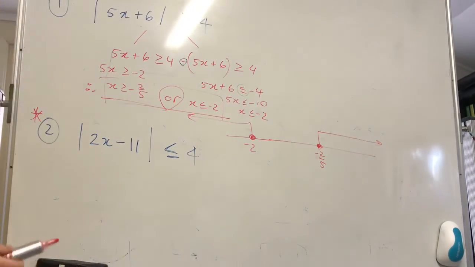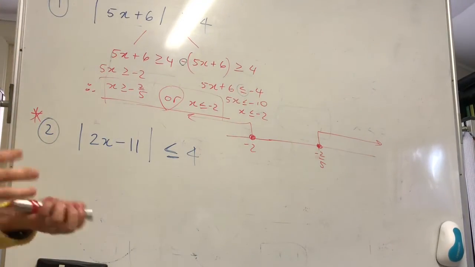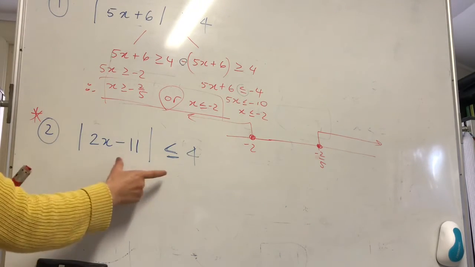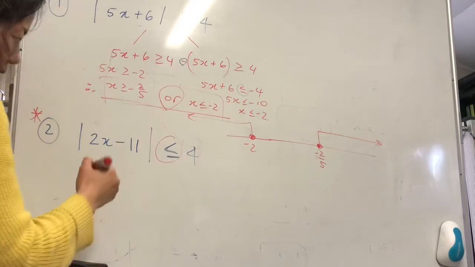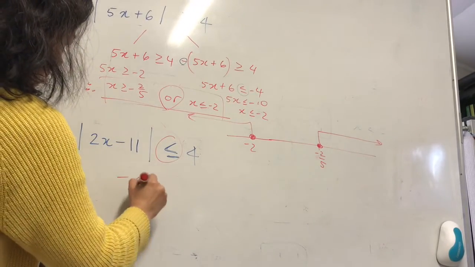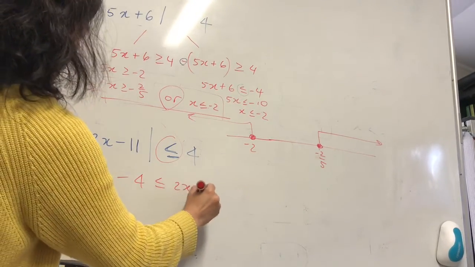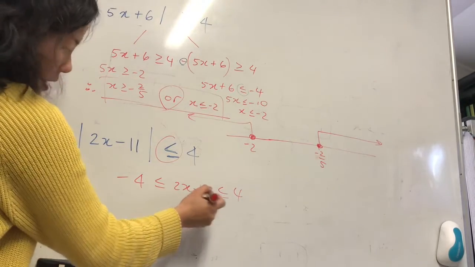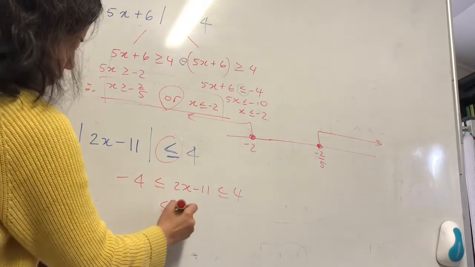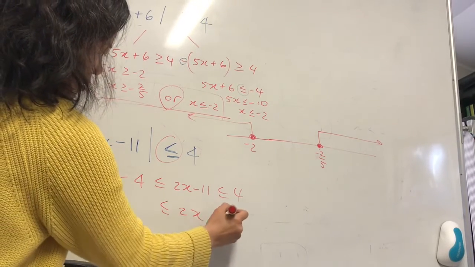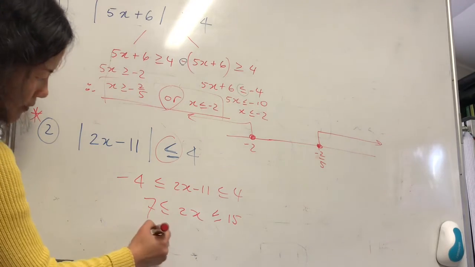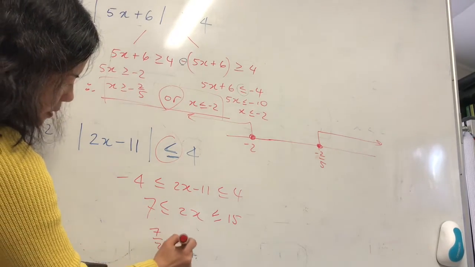And a question sometimes will say show it on the number line, and that's what it is, a directed line. Okay, and this one we can do, it's a less than, so it's in between 4 and minus 4. So I'll go plus 11, plus 11. 15, 7, and then halve it.